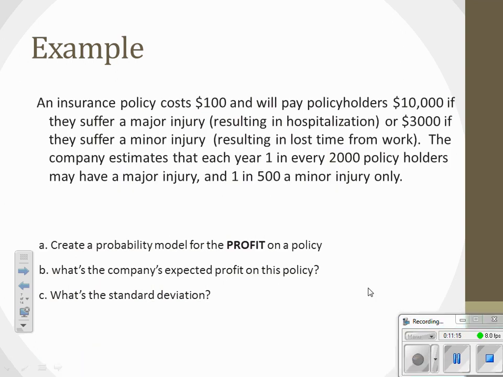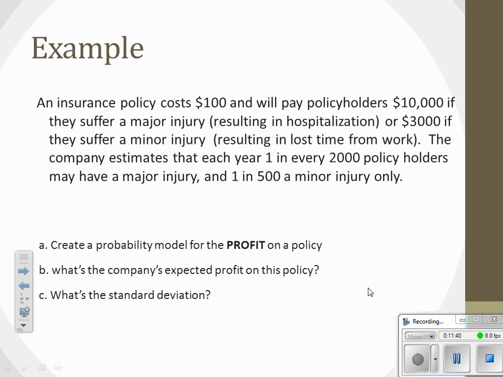So one final example was the one with insurance policies. If it costs $100 for the policy, and it's going to pay $10,000 for a major injury, $3,000 for a minor. And the company estimates that each year, on a year-to-year basis, about 1 out of every 2,000 policyholders have a major injury, 1 in every 500 have a minor injury.